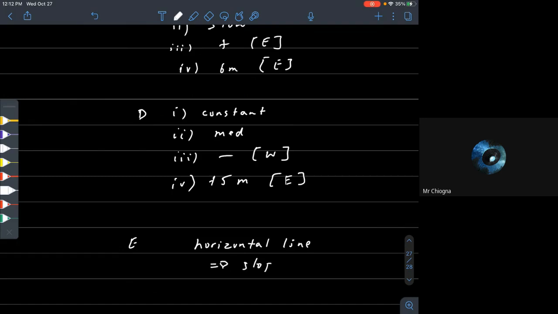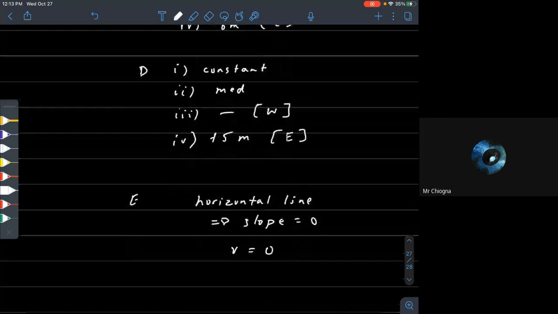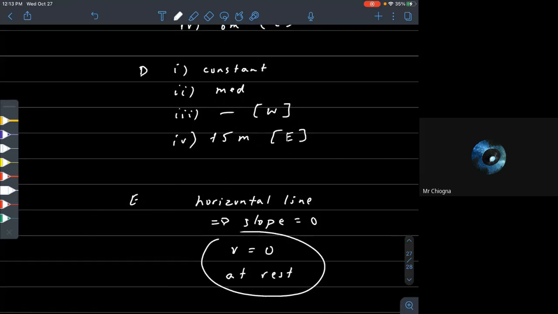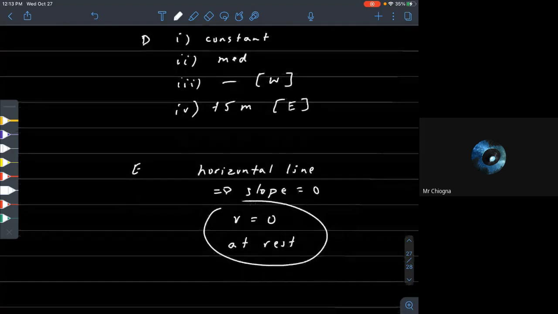Slope is 0. What's the velocity if the slope is 0? 0. At rest. You could put either, velocity 0. You need to know that they're the same thing. It's at rest. He's not moving. What's his position?